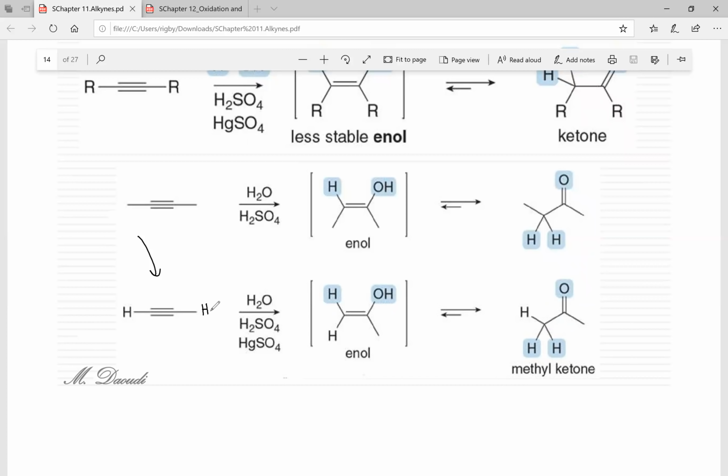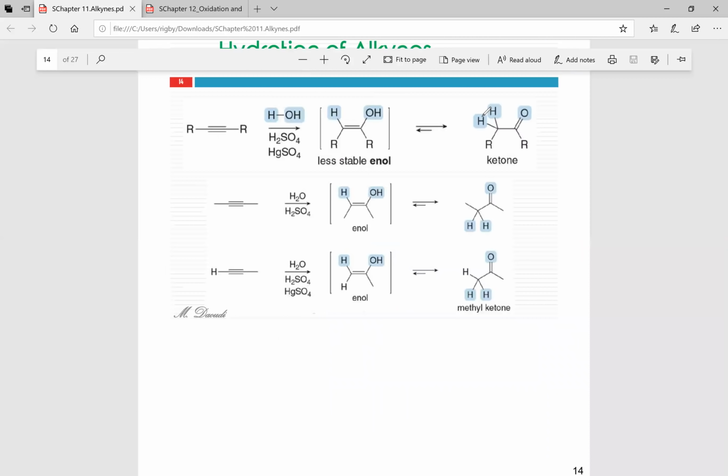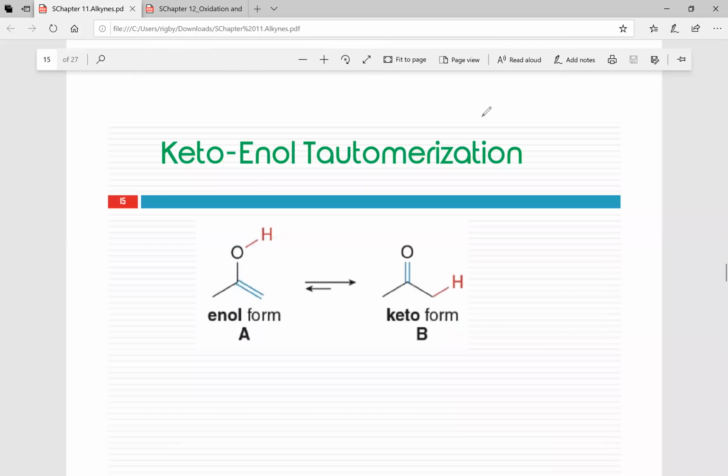But for our intents and purposes, 99% of the time, it'll end up as a ketone. If we have a terminal alkyne, it'll end up as something called a methyl ketone. All that means is this here is just a methyl group, which is CH3, okay? And that's important when we talk a little bit later about the reaction of a terminal alkyne with a different reagent, okay? So now let's talk about tautomerization.